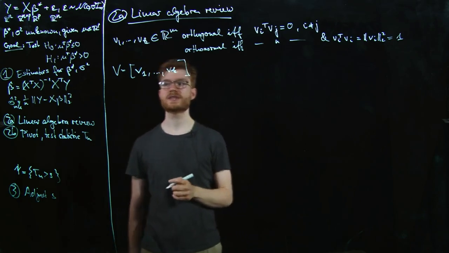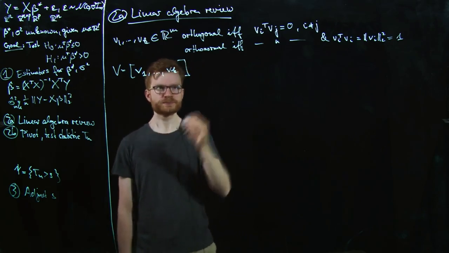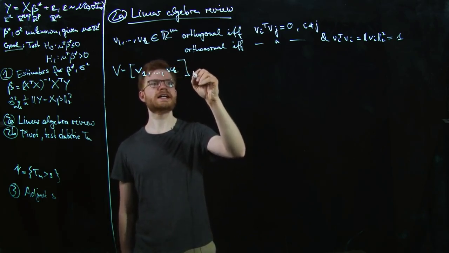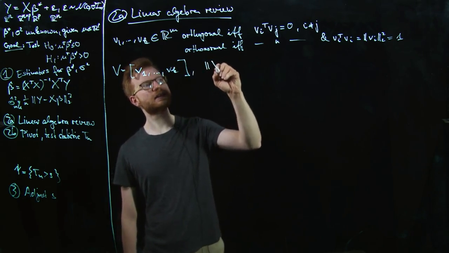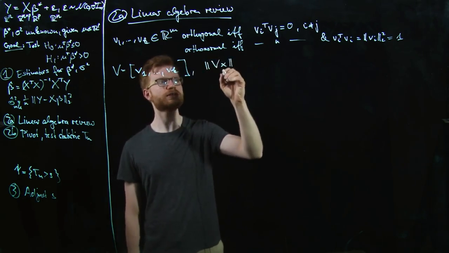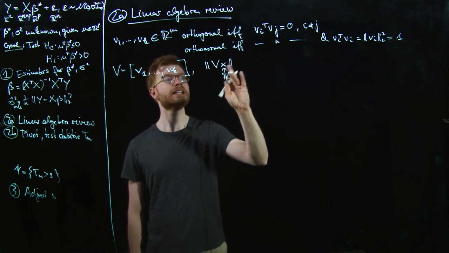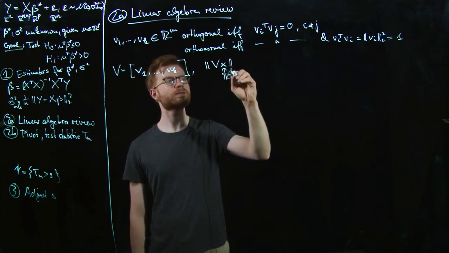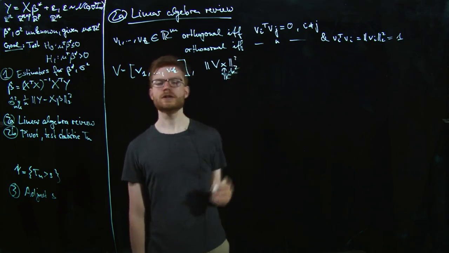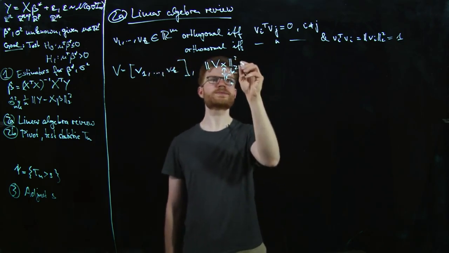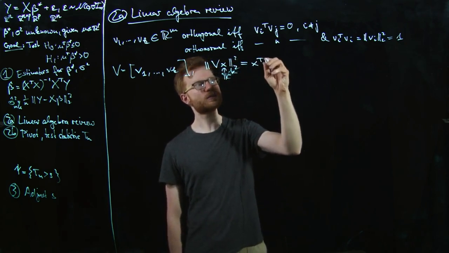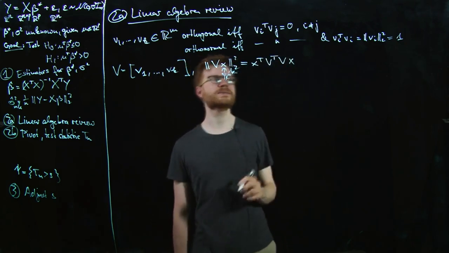orthonormal vectors into a matrix V, and then apply this V to a vector x in R^k, and look at the squared norm of this, then this is x transpose V transpose V x.